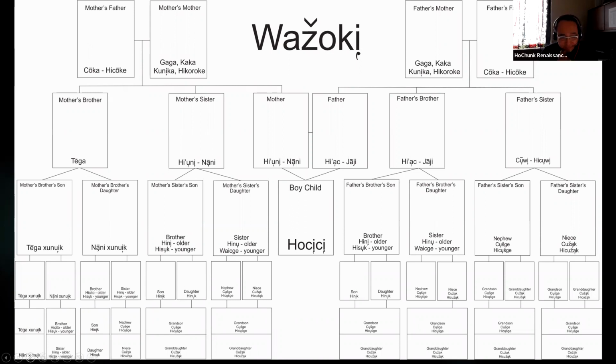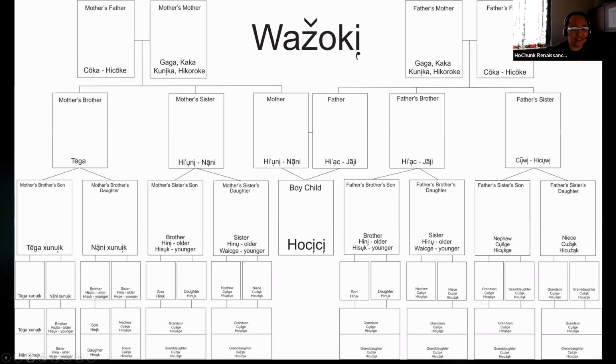This one's going to be kind of different. As you see down here, it says chujunk or he chujunk. Of course, we know that's niece. That's what they would be to the boy. Same thing for her children, they would be chunske or he chunske to the boy.